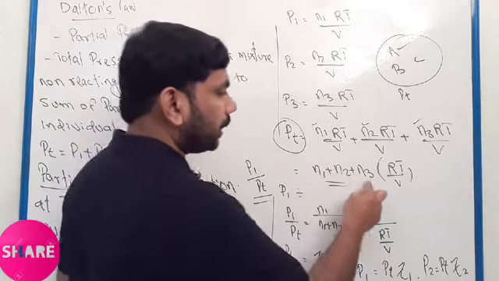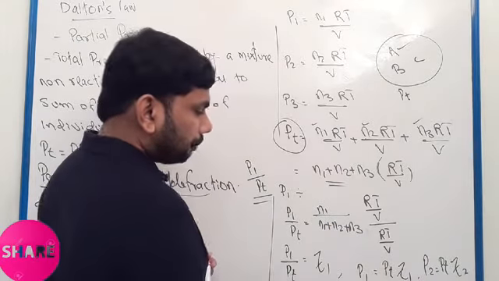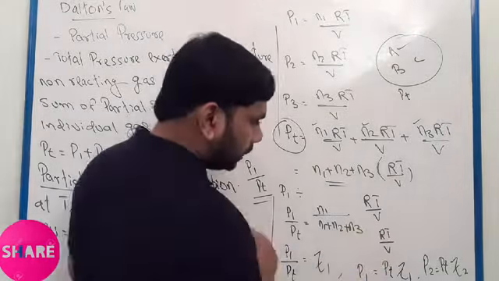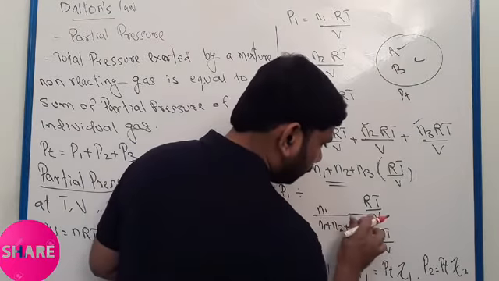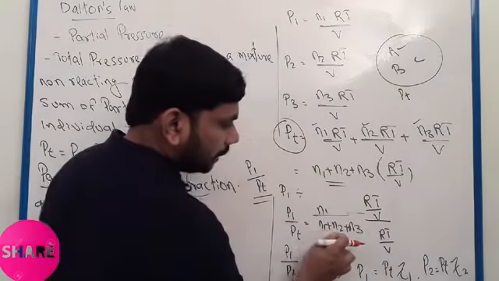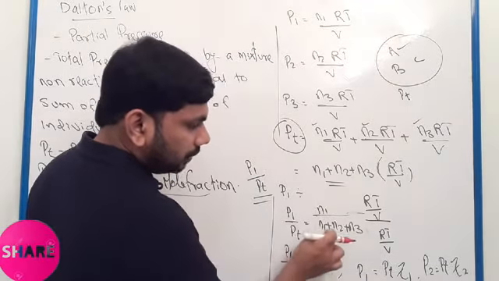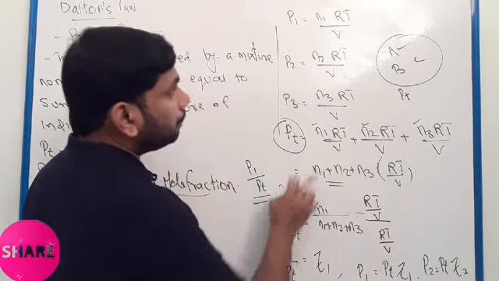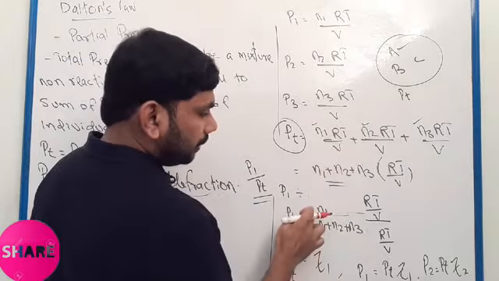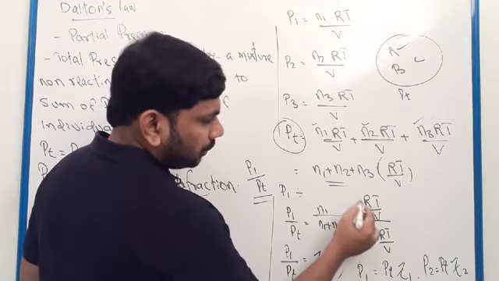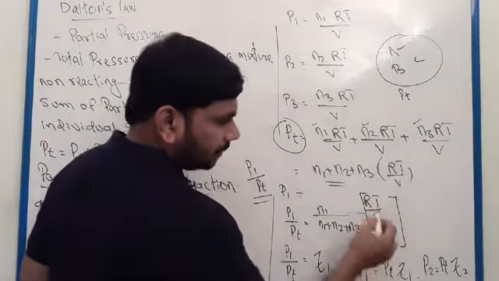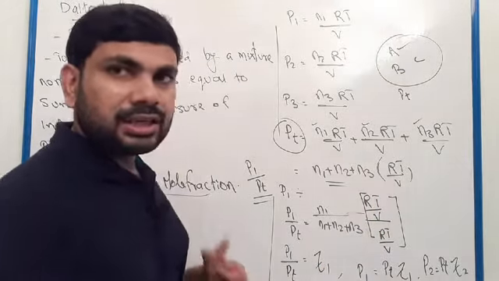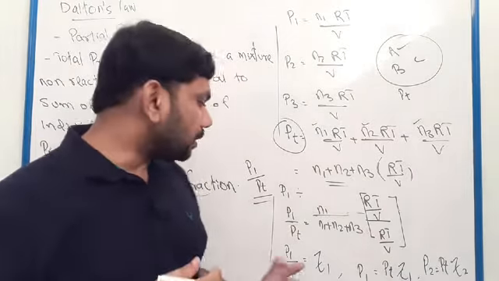PT means (n1 plus n2 plus n3) times RT by V. What is P1? P1 means n1RT by V. You can see this term, RT by V, is the same in both, so you can cancel it. It will be cancelled. So what will be left?